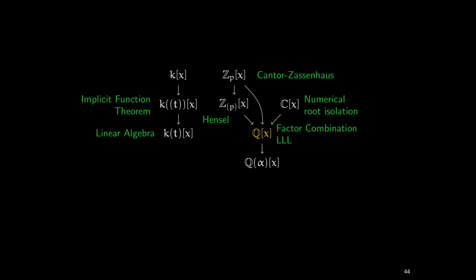And next time I will show you another way to use LLL for factorization, which is fast both in theory and in practice. And that would be the algorithm of choice and the current state of the art for factoring polynomials over the rationals.